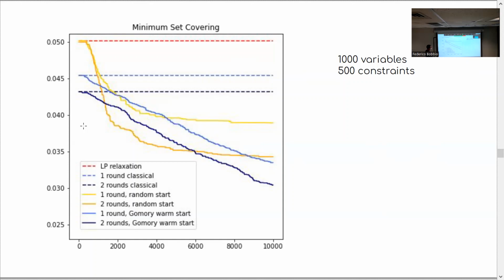And in a darker dashed blue, you get the 32 cuts, rank 2, sorry. So you first add 32 rank 1 and then 32 rank 2. Unsurprisingly, it's better. But what's interesting is what happens if you start from these initial values and you try to improve on them. You try to improve on what the classical GMI algorithm gives using this algorithm that I described before.